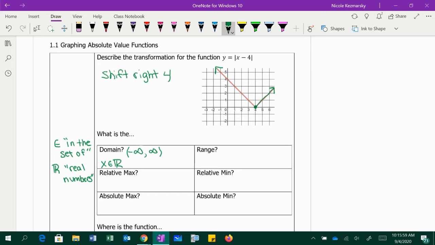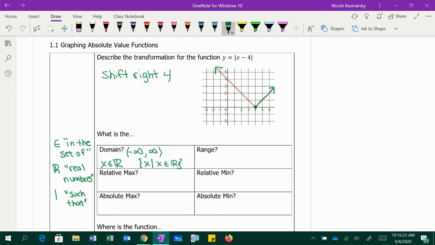And some people will even make this really formal, and they'll put it in curly brackets, and they'll say x such that, the line means such that. So let me put that over here. So the line means such that. And then we put x in the set of real numbers.